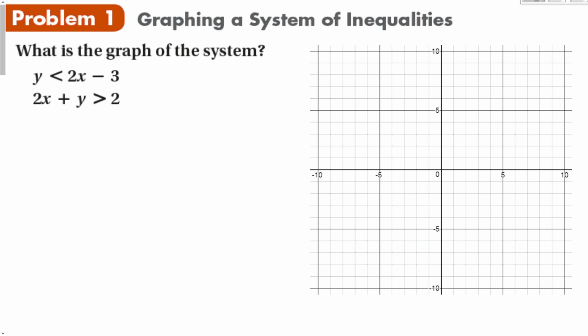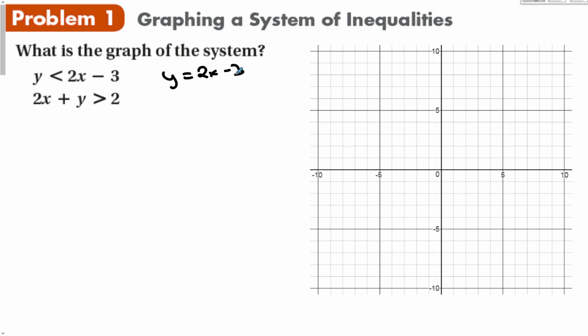Okay, so what is the graph of the system? We're going to find the solution by graphing. Let's start by graphing the first inequality, y is less than 2x minus 3. All I'm going to do is graph this equation using a dotted line instead of a solid line, and then shade in the correct region.